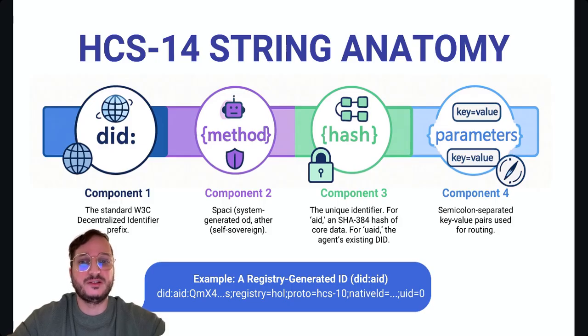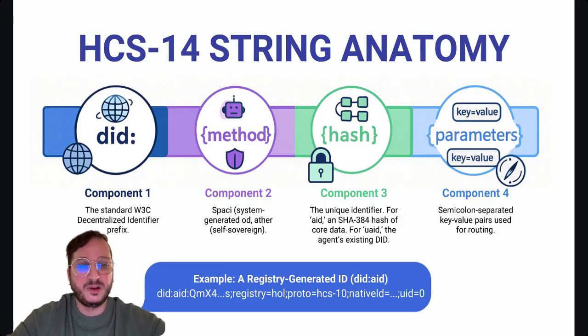So to put it all together, you can have an HCS 14 ID that looks kind of like this. You see did. It's using the AID method, meaning that we generated the ID from a registry. There is a long hash. Don't mind the ellipses here. We're saying the registry is on Hashgraph Online. The protocol that these agents use to talk is HCS10, and the native ID would be filled in.